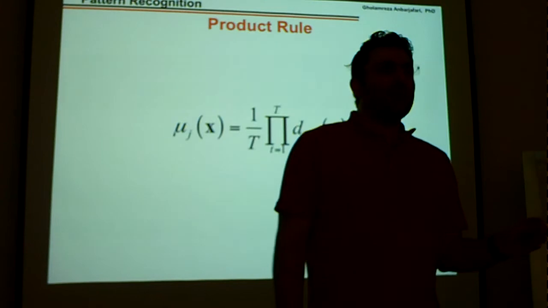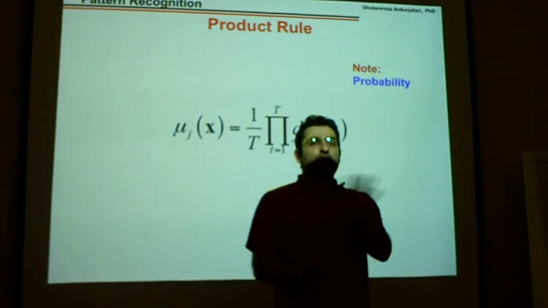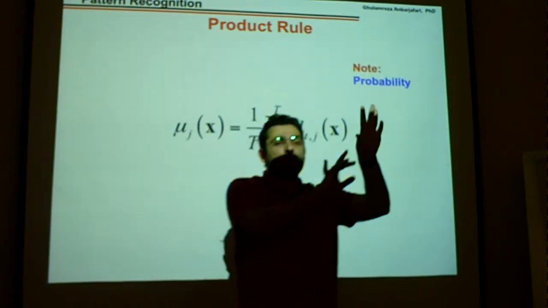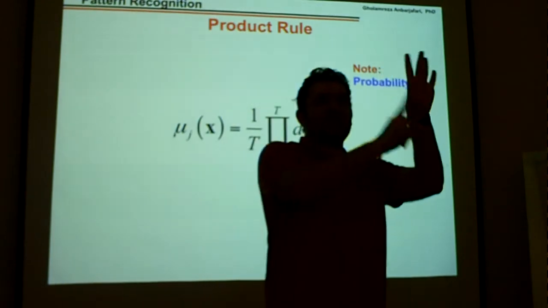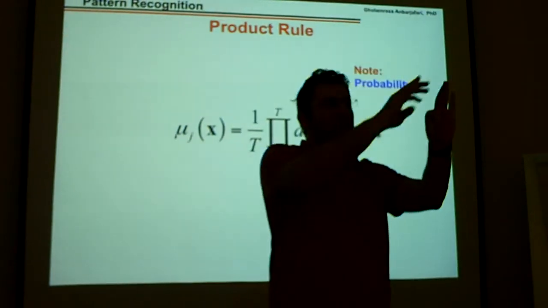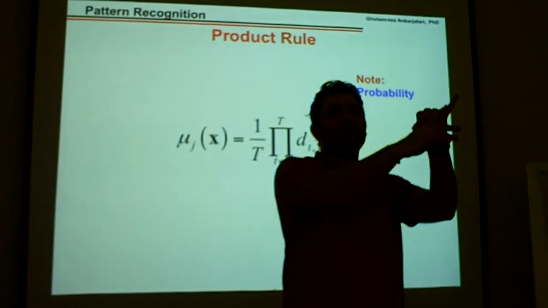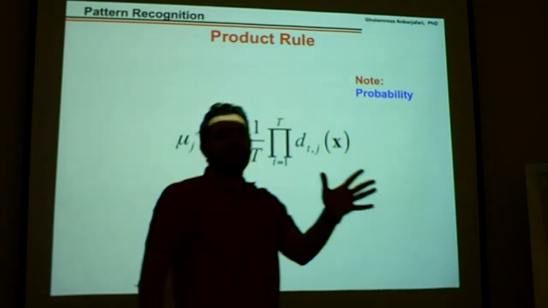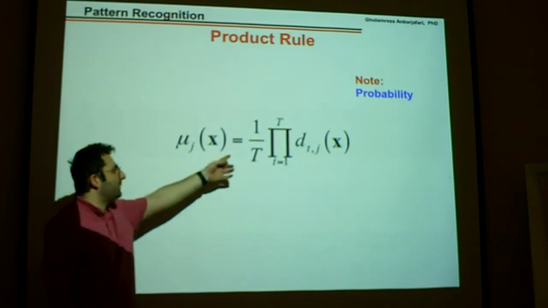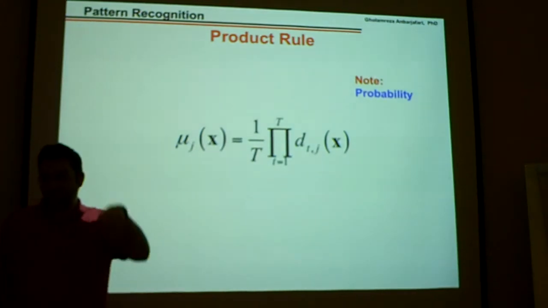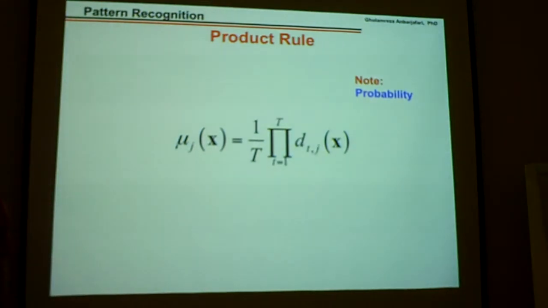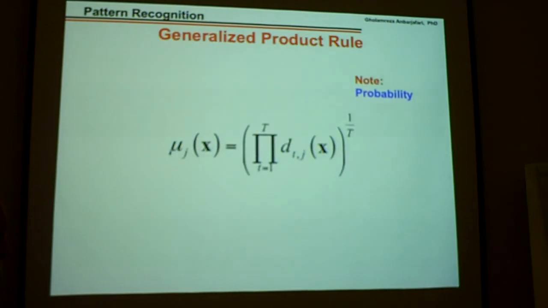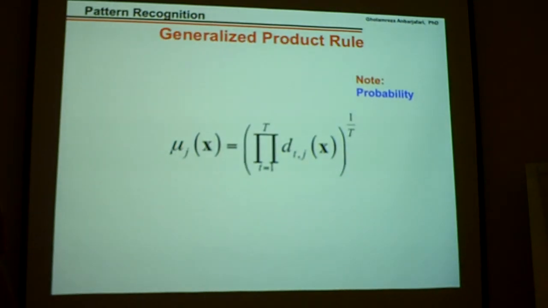Because imagine I have 5 classifiers and the probability of saying class 5 is 0.9, 1 even, let's say 0.9, 0.8, 0. What is the result? 0, because if you multiply it with 0, everything will go down. Or if you multiply with a very small number, it will go down very much. Now, this is the generalized product rule.